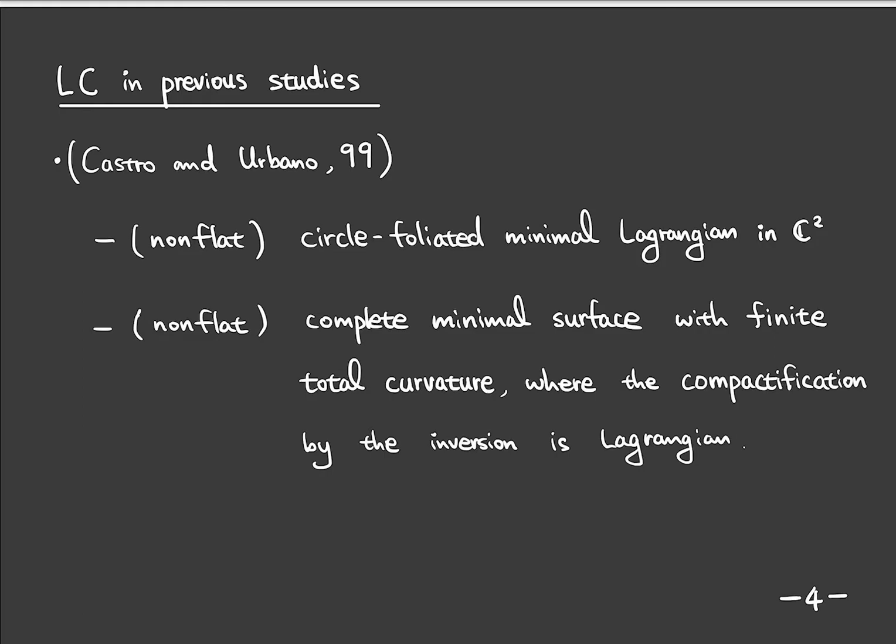They proved the results in arbitrary dimension but only introduced the two-dimensional case. In the same paper, they characterized the Lagrangian catenoid as a non-flat circumfoliated minimal Lagrangian in C2.